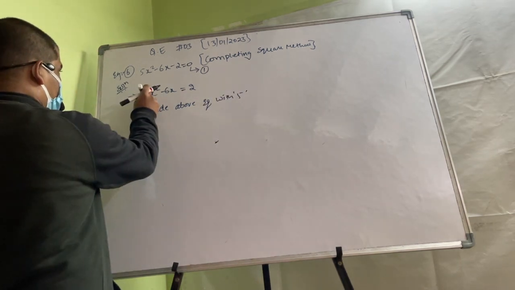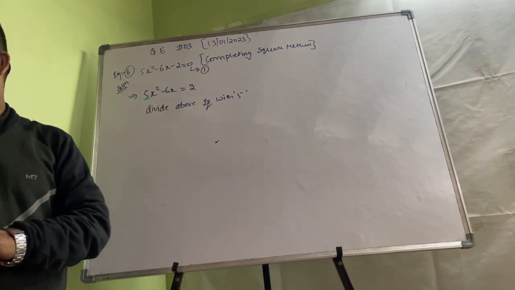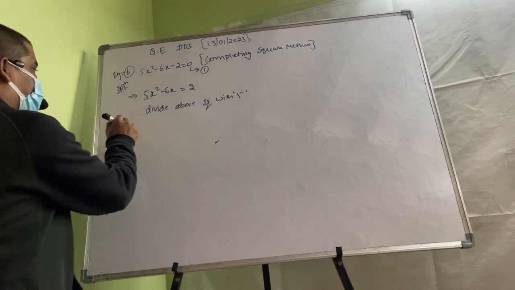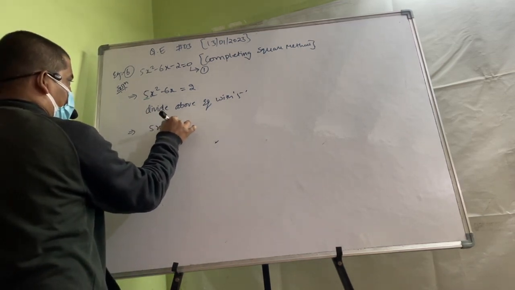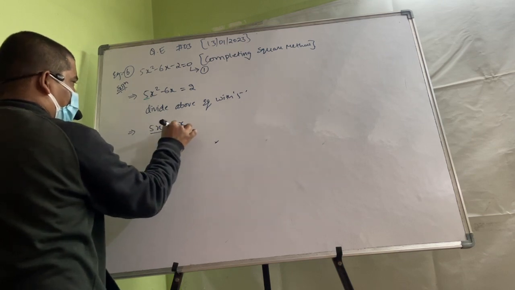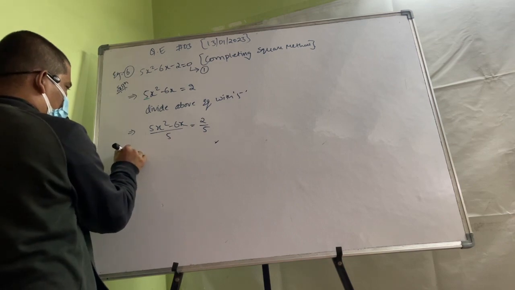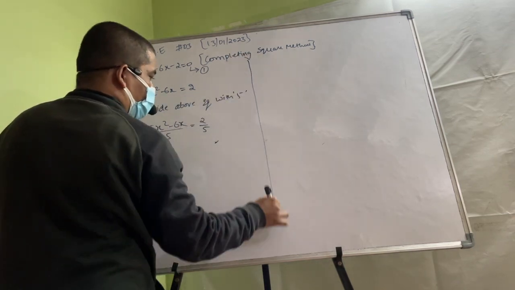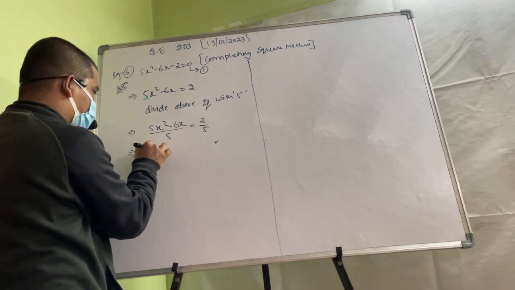So that number should be the given number. Here, if it is 7, you divide by 7. Right, if I divide by 5, let's see what happens. 5x square minus 6x by 5 is equal to 2 by 5. Now, this 5 belongs to both, na? I can write it like this, I wrote it in detail only for information.